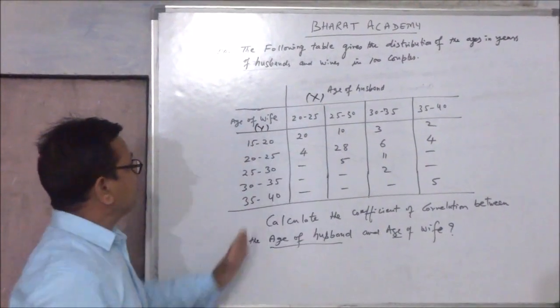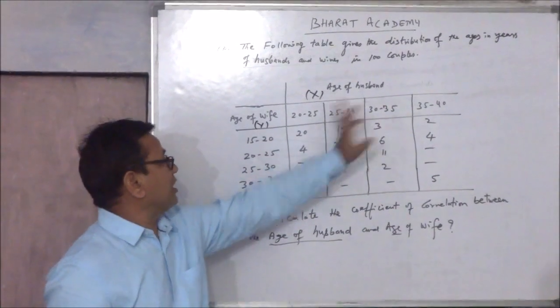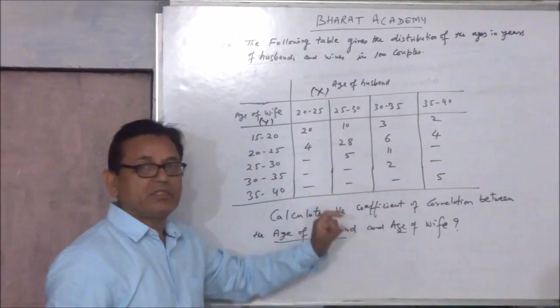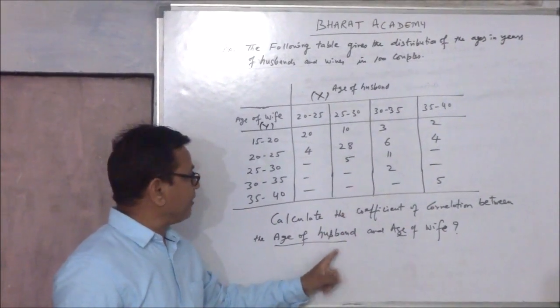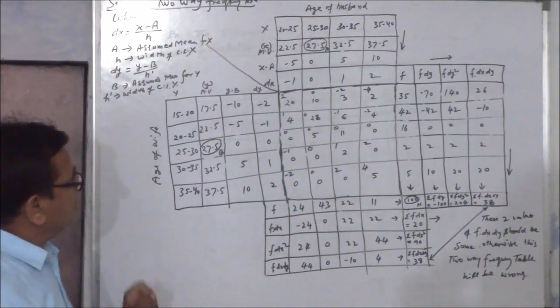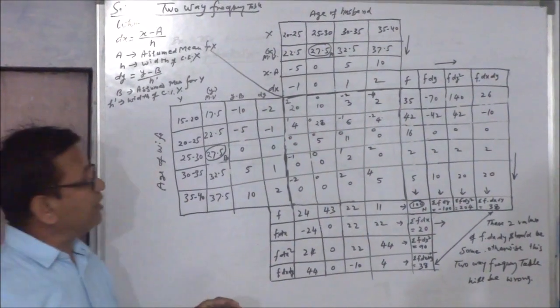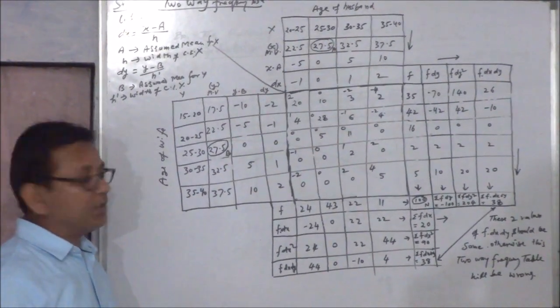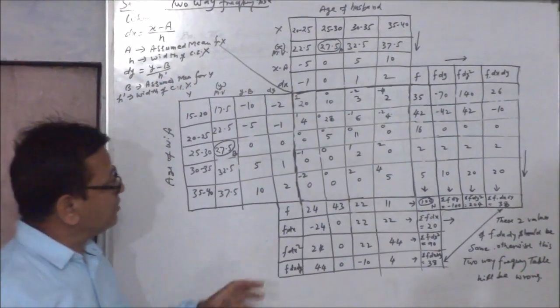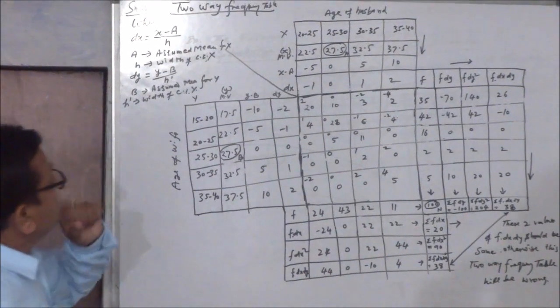There are two variables which are classified in class intervals, and their corresponding frequencies are also given. Now we start solving this question. It's a very lengthy process, but there is no need to press the panic button. It's very easy. Let's start.